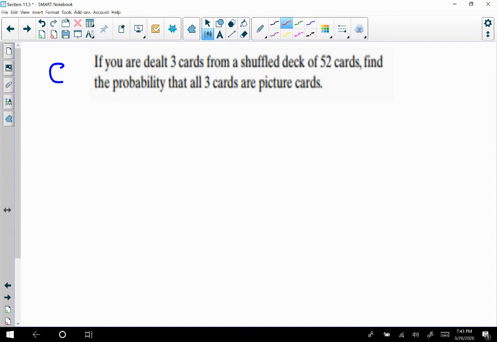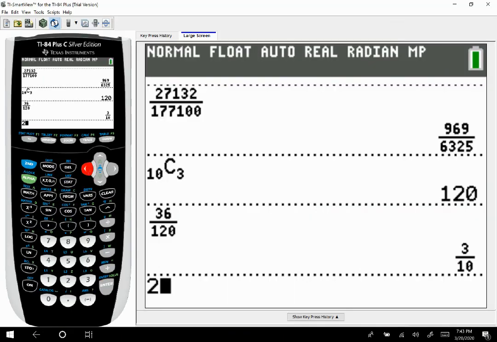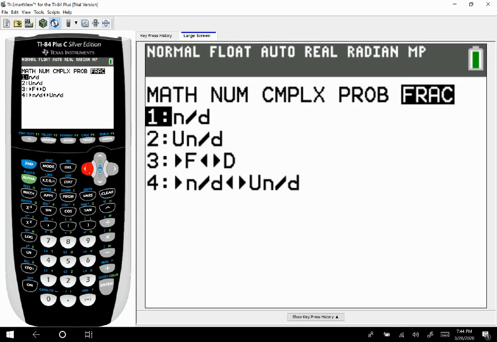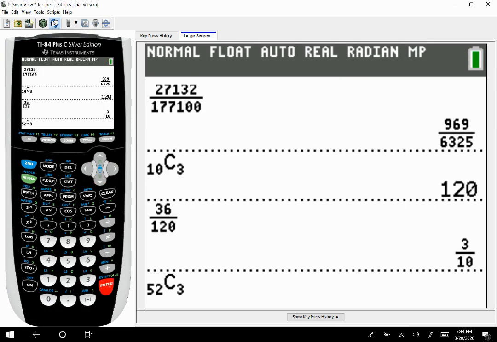All right. First things first, let's find the total here. So the total, how many cards do I got? 52. How many am I picking? 3. So we go to our calculator, and I type in 52, math, choose 3.